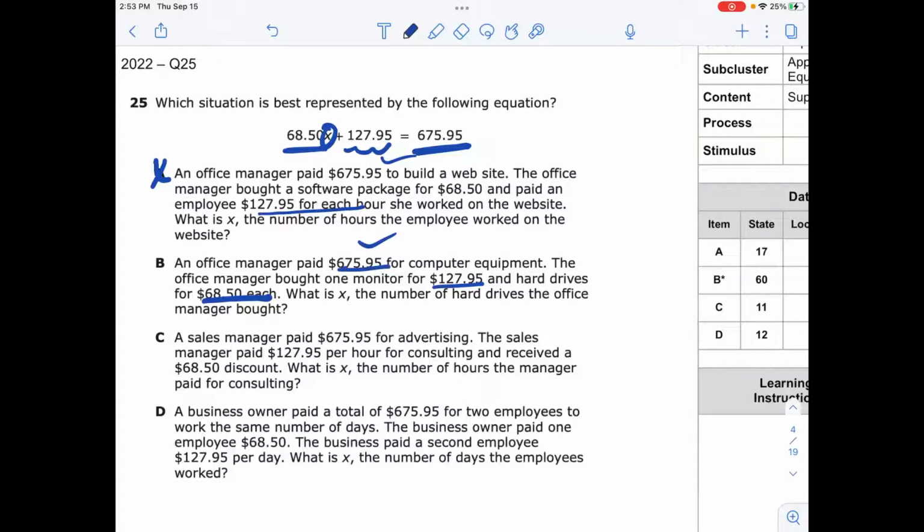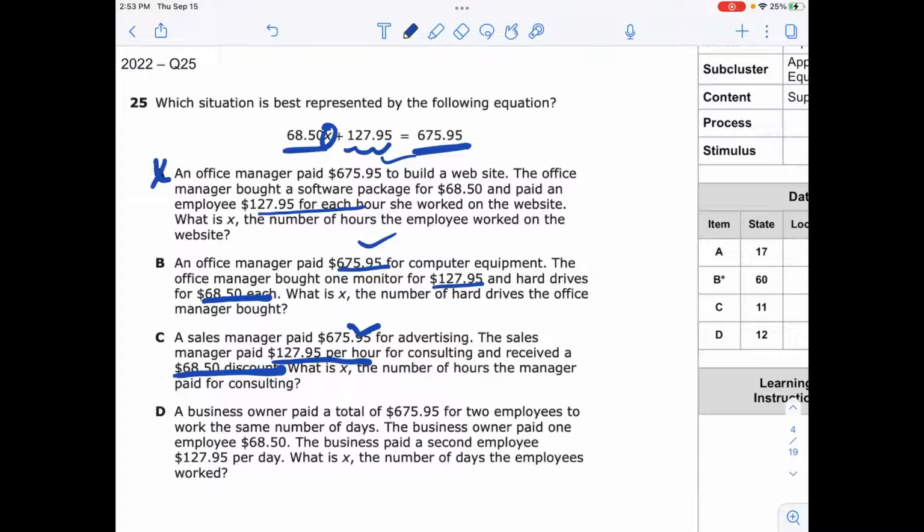A sales manager paid $675.95. Again, same thing, correct total. The sales manager paid $127.95 per hour for consulting and received a $68.50 discount. What is X, the number of hours the manager spent consulting?